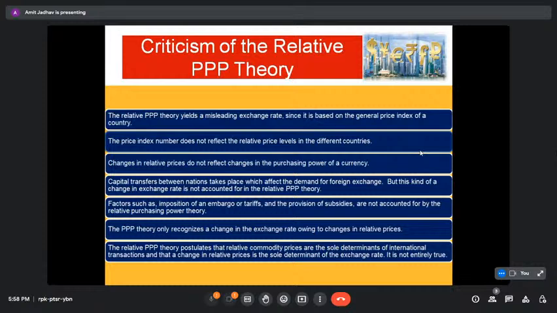And next, we have factors such as imposing an embargo, tariffs or some other barriers on imports, as well as giving some subsidy to exports. It has some adverse impact on the exchange rate market, and PPP fails to recognize the change in the exchange rate over relative prices. So these are all the criticisms.